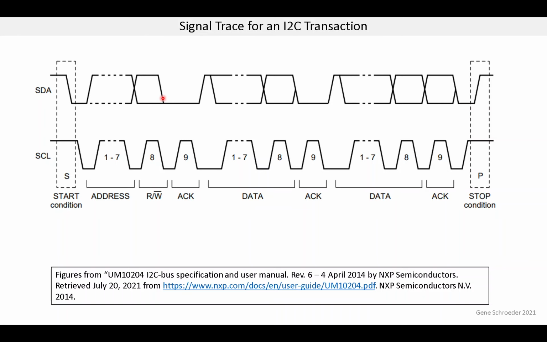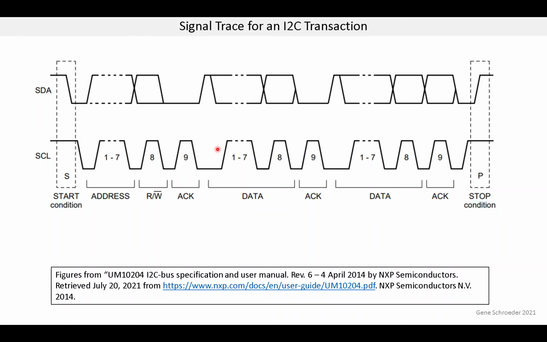And this is where the idea of open drain comes into play. However, I should mention that even though in this case the slave is controlling the SDA, the master always controls the clock signal. And I should say almost always controls the clock signal. There is an exception I'll talk about in a little bit.